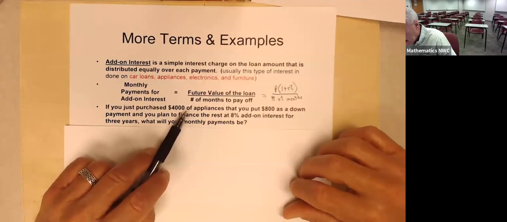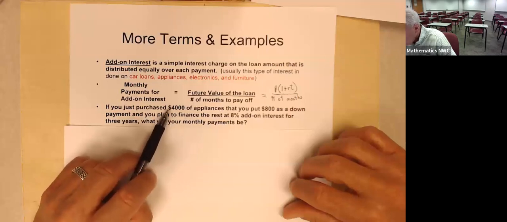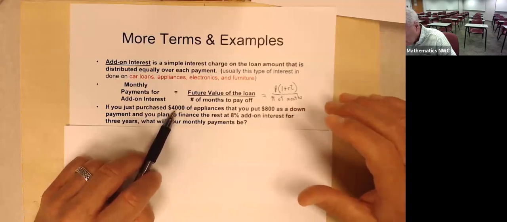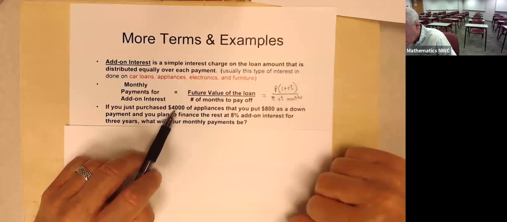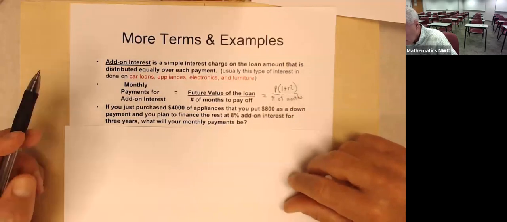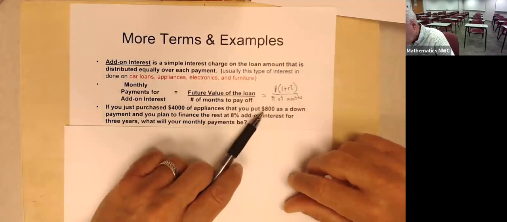If you're buying a house, you may have to purchase some appliances. $4,000 would be in the ballpark for a refrigerator, probably a microwave, as well as a dishwasher. You could spend more or less than that, depending on the type or how many you bought. But in this particular problem, we put 800 down.